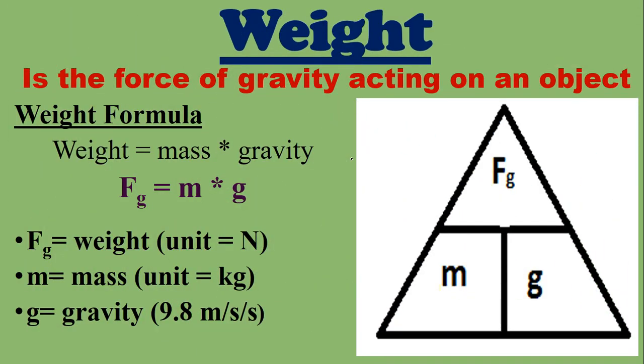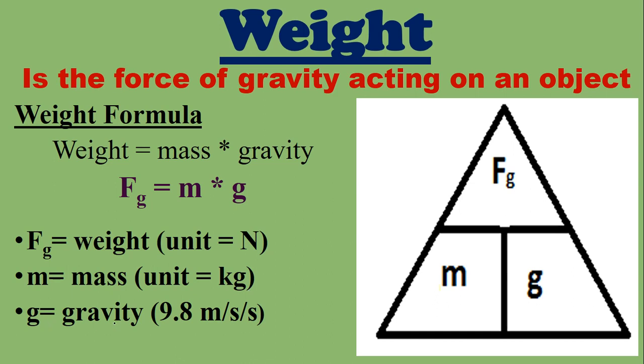Now, gravity factors into a calculation we have to do called weight, which is technically the force of gravity acting on an object. So algebraically, weight equals mass times gravity, or Fg, force of gravity, equals mass times gravity, m times g. So Fg, which means weight, will have the unit of newtons. m will be mass, and it will be kilograms.